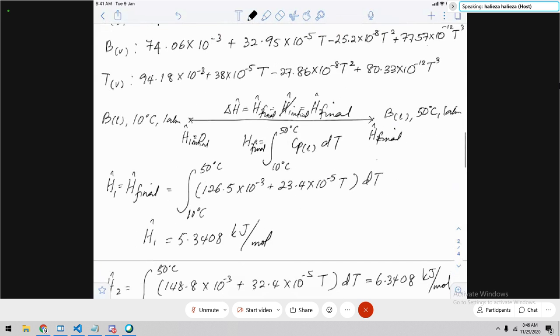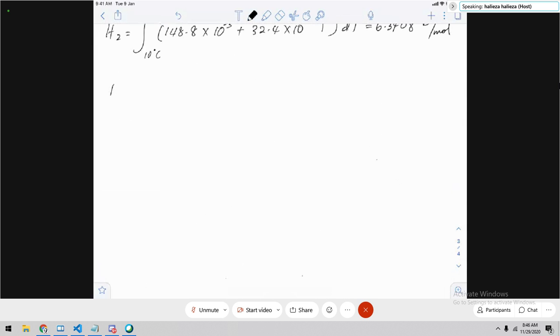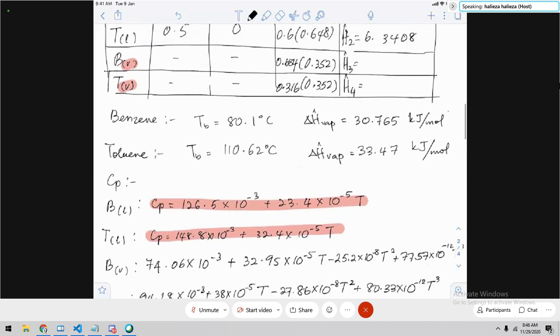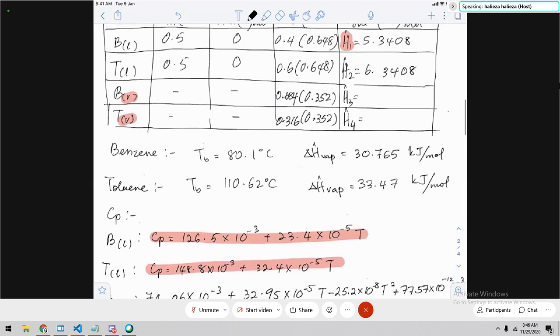Let's start with benzene liquid at 10 degrees C, 1 atm. That is your starting point. You're going to end up with benzene vapor at 50 degrees C, 1 atm. From the value we got earlier from Appendix B1, the boiling point of benzene at normal pressure, 1 atm, is 80.1, and this is its latent heat. We're going to use that information when we construct our hypothetical path.